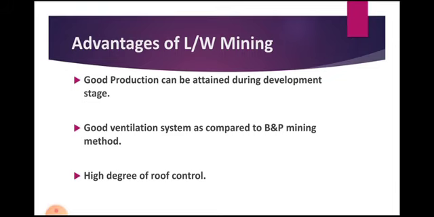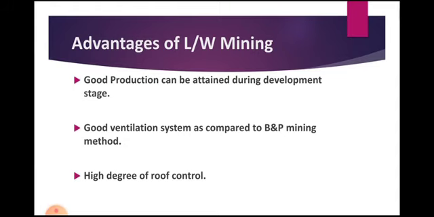Good production can be attained during the development stage. That means during the development stage there will be production of coal at a considerable amount. So a considerable amount of coal production is achieved during the stage of development, and this production comes from the drivage of gate roadways and connecting of these two gate roads, which in turn forms the longwall face.